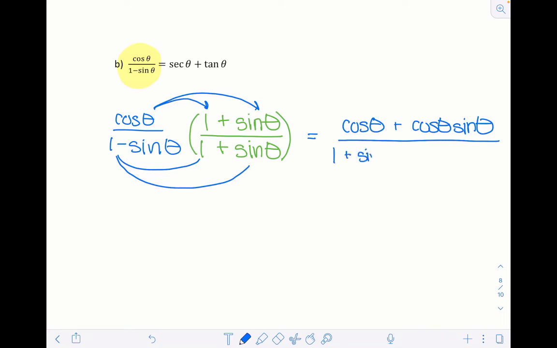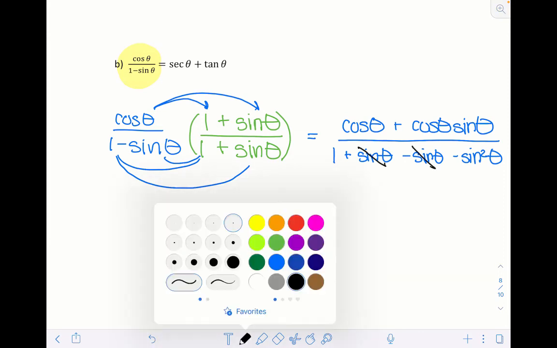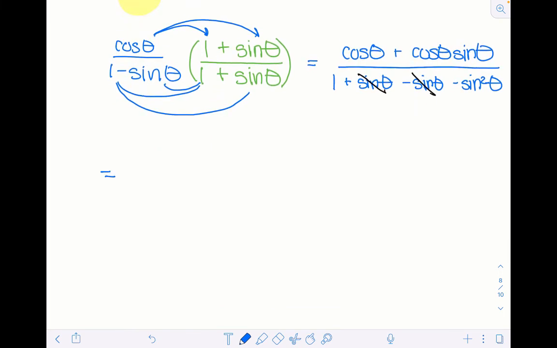We get in the middle a plus sine of theta minus sine of theta, so those do cancel out. And then minus sine squared. So if I keep going, I'm just going to rewrite it now. Okay, so I rewrote it.